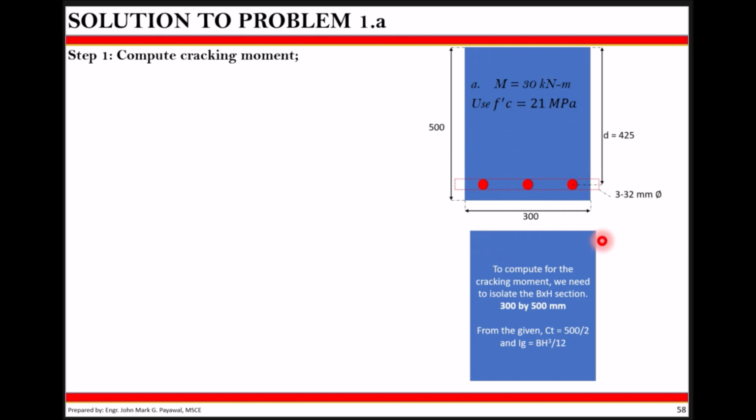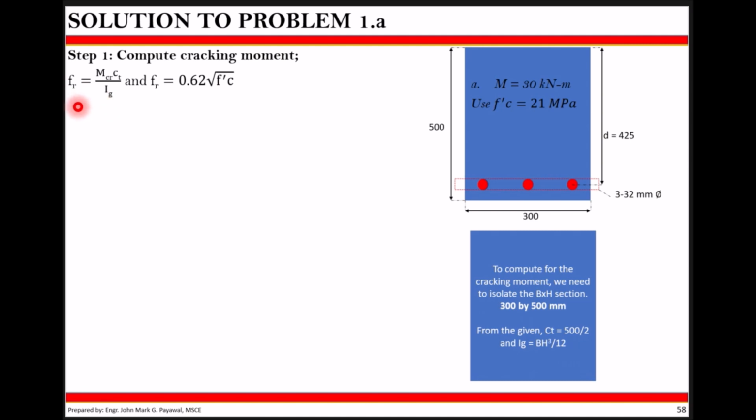Now, your resulting figure would be a 300 by 500 millimeter concrete. That would have the height of 500 and the extreme fiber distance, because it is symmetric, is 500 over 2. So, nakalagay na siya dito. Tapos, dahil rectangular siya, Ig would be equal to bh cubed over 12. So, from the formula that was mentioned a while ago, these are the possible equations to use.